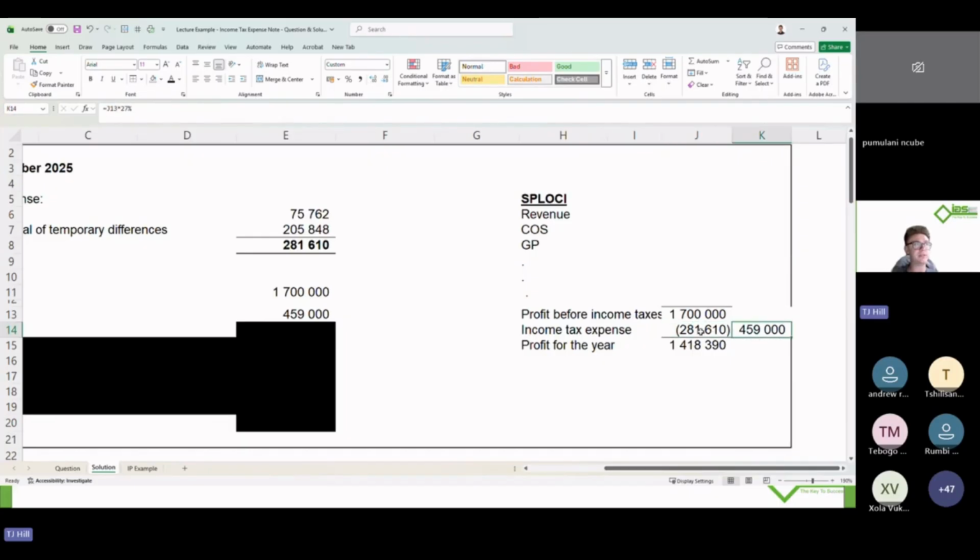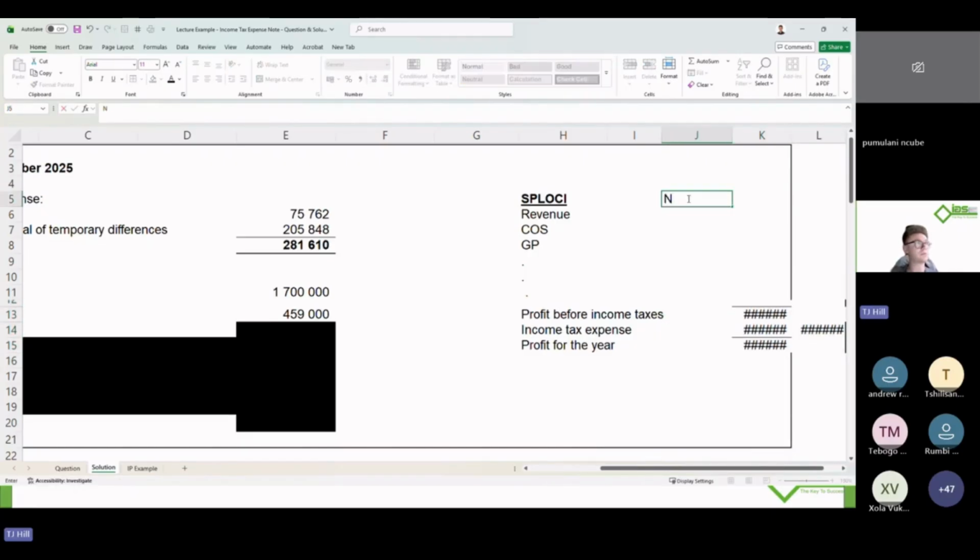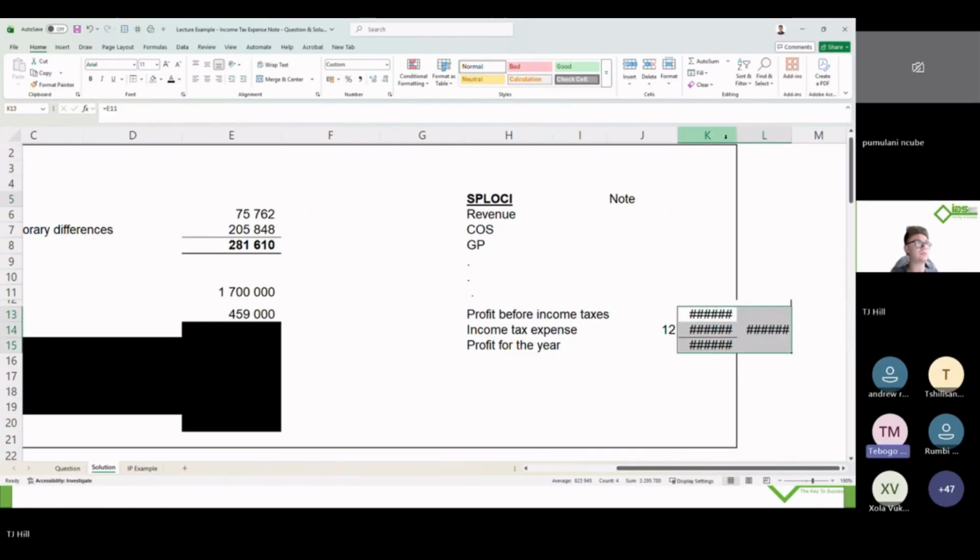Why is this happening? And that's how we explain to them. We say to the user, do not worry, calm down, go to the notes. And I put here note 12. I say, go to note 12. I will tell you why that is so.